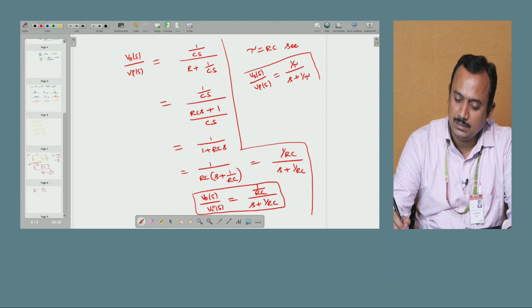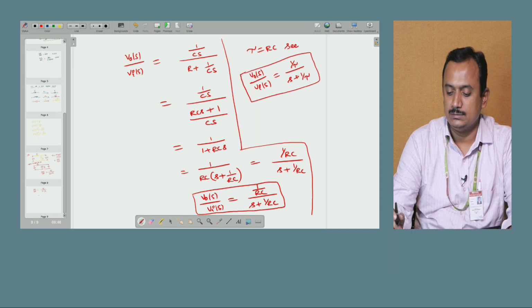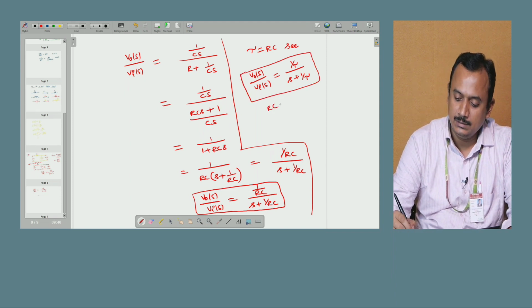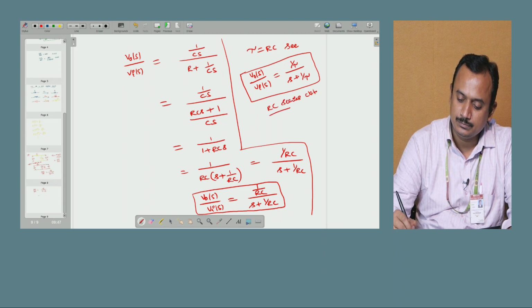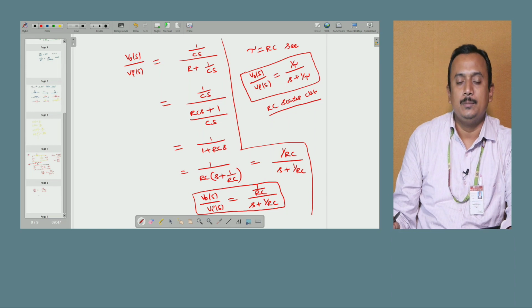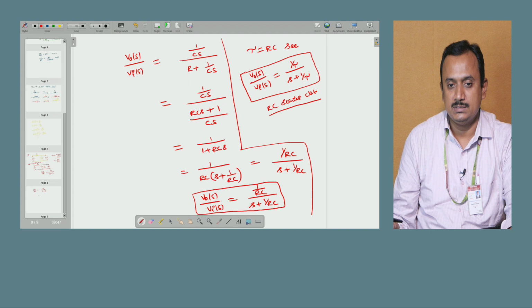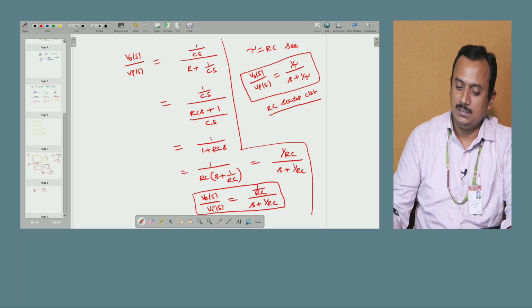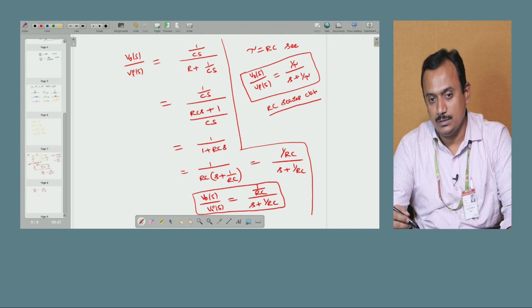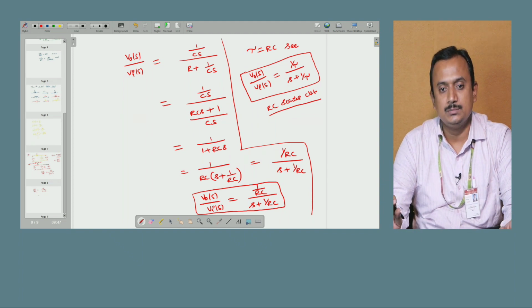So this is the transfer function for the given RC series circuit. That means it is going to give you the mathematical model of that system. Here we have the output V naught of S and the input Vi of S. Now this becomes a system.